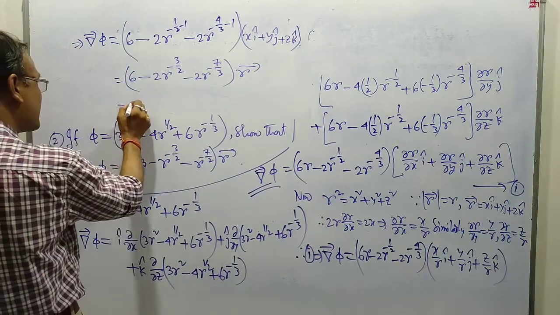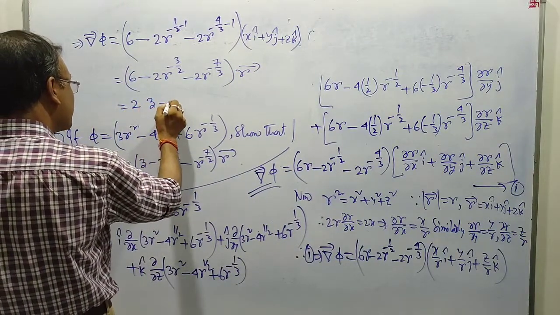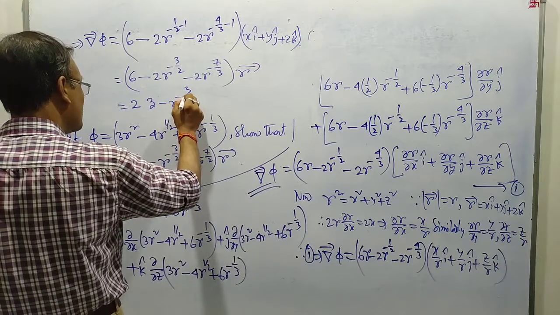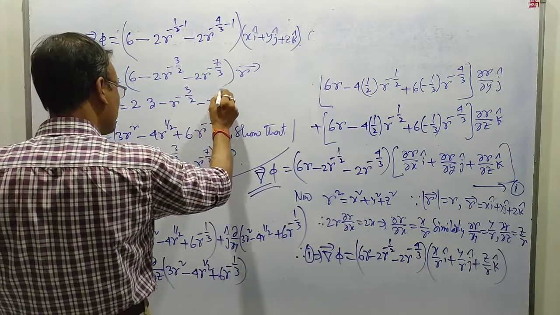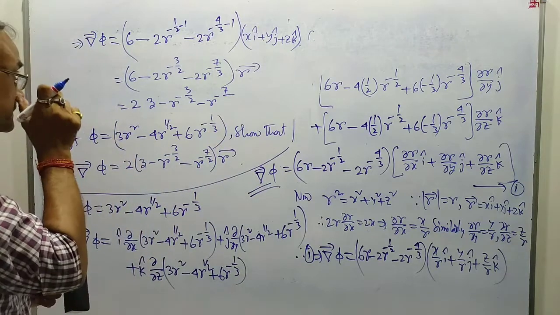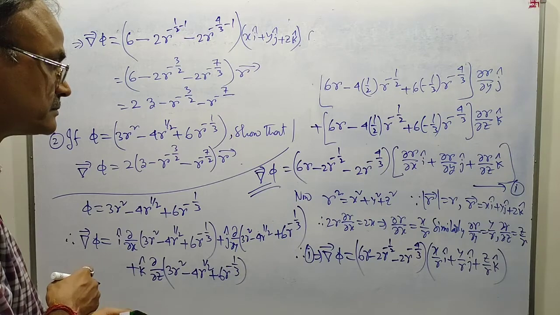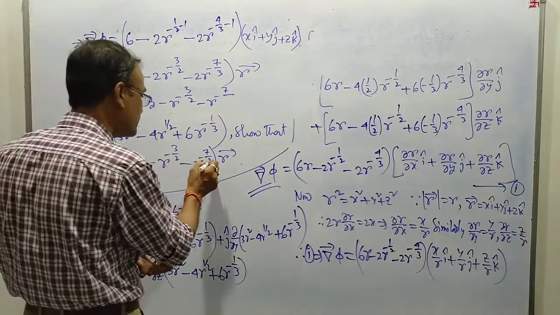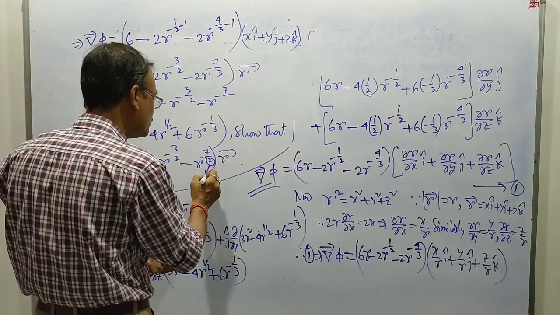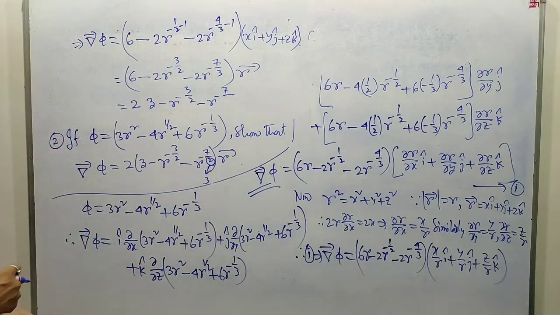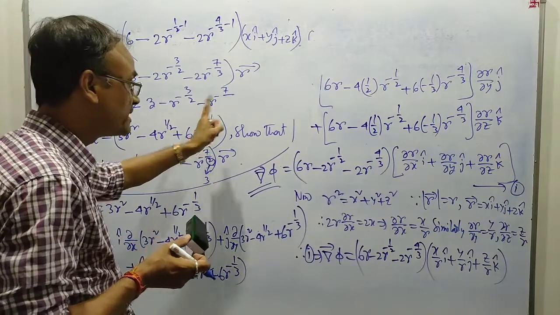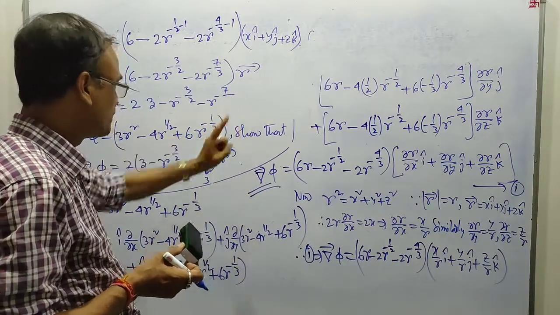You may write 2 common: 3 minus r to the power minus 3 by 2 minus r to the power minus 7 by 3. It should have been 7 by 3, not 7 by 2. Minus 1 by 3, r to the power minus 1 by 3 minus 1 means minus 4 by 3.